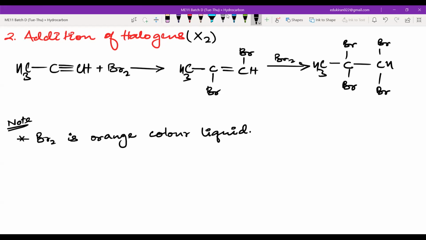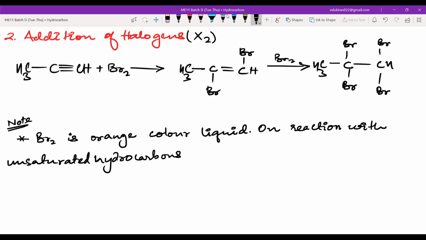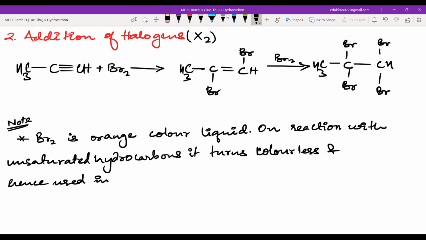On reaction with unsaturated hydrocarbons, it turns colorless, and hence it is used in the test for unsaturation. Write this down, let me know if you're done.